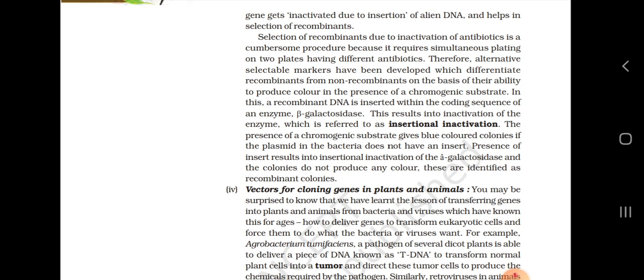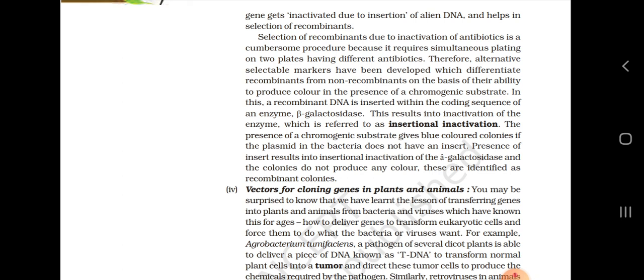Usually beta galactosidase, when activated, shows blue color, while when inactivated, it produces no color. This process is also known as blue-white selection. So this is how we can differentiate between the recombinants and the non-recombinants.